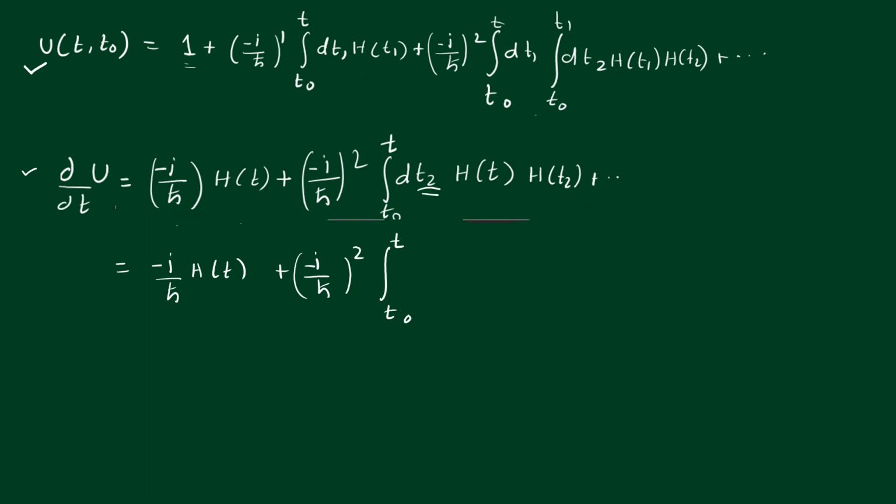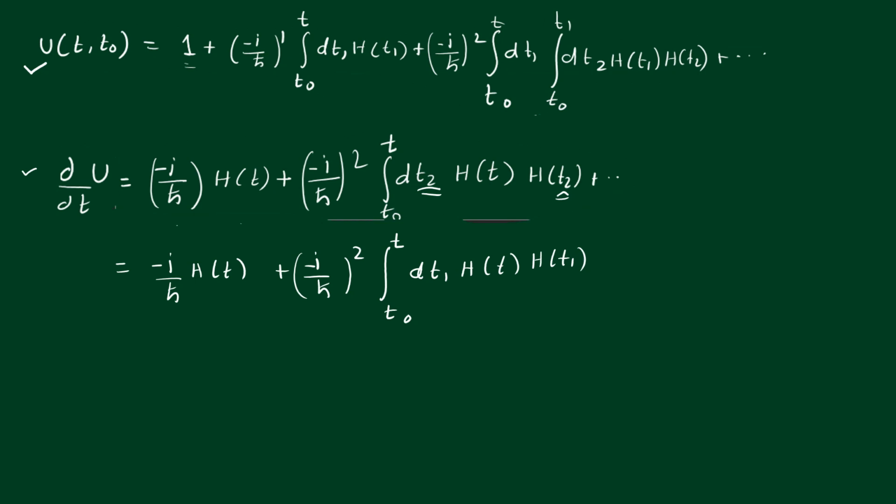We see that this t2 is used as a variable of integration. It's just like a dummy index in a summation series. So we can simply write this as dt1 H of t1. We have just used a different notation for the variable of integration. That's the more correct way of saying it.